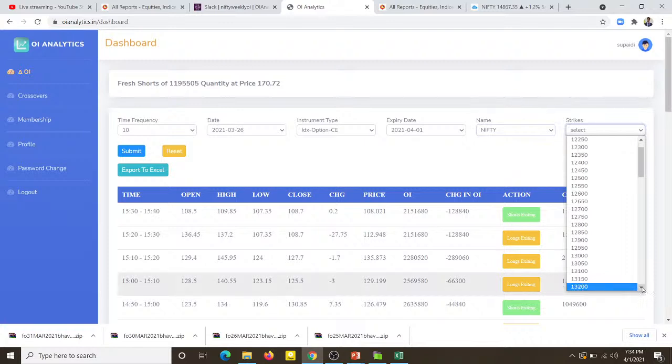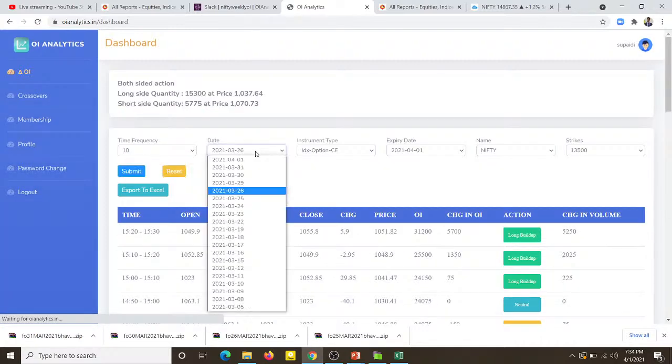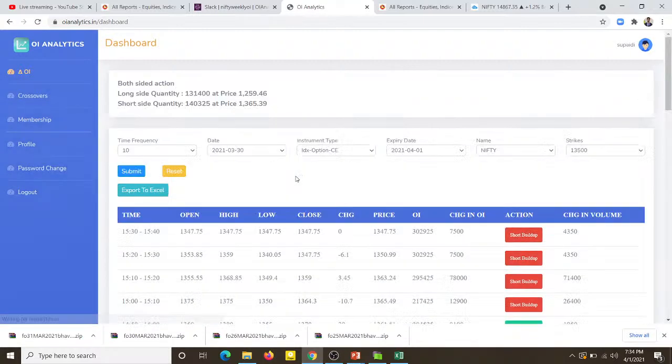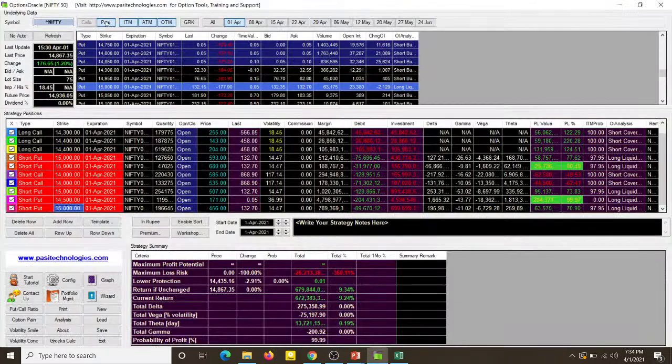Let's first take 13,500 call, correct? On 30th of March, correct? These are all the quantity, 13,500 call.